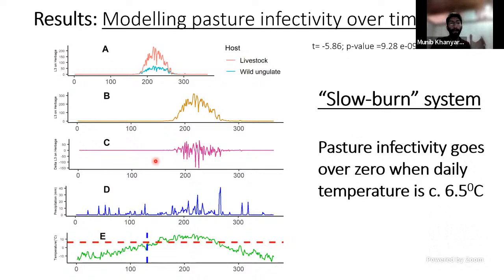What that means is, not much happens for a long time. Then the conditions in terms of temperature and precipitation become good. Then it needs this slow buildup of infection on the pasture to reach its peak, which then dies down. So this was very informative as to when pasture levels are facing highest infection rates.